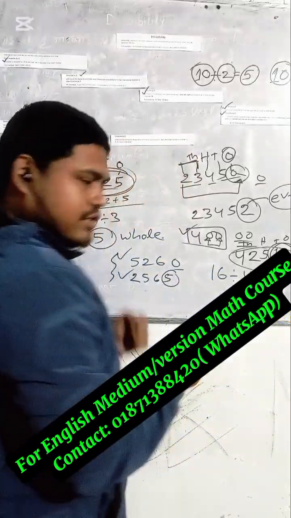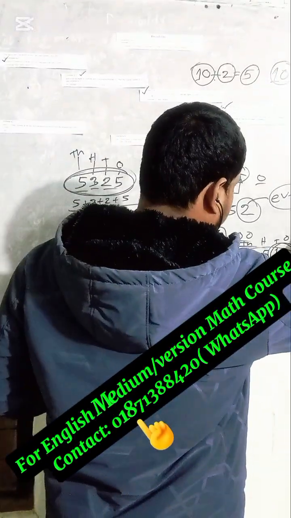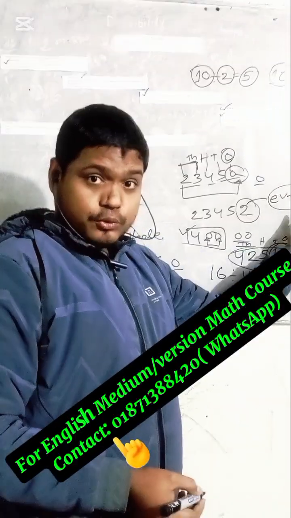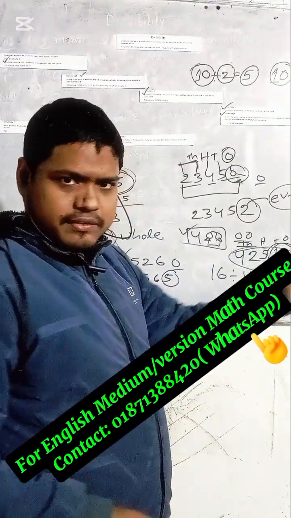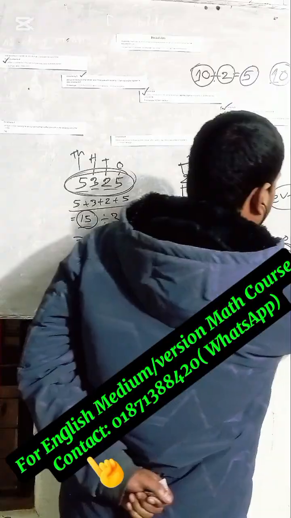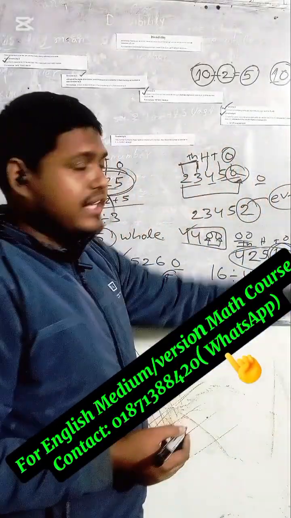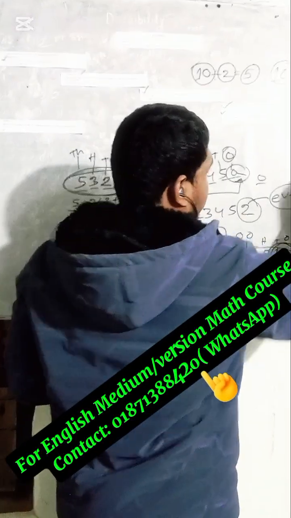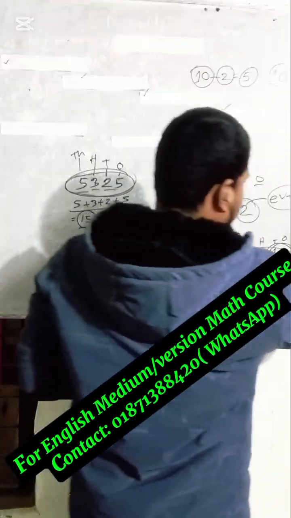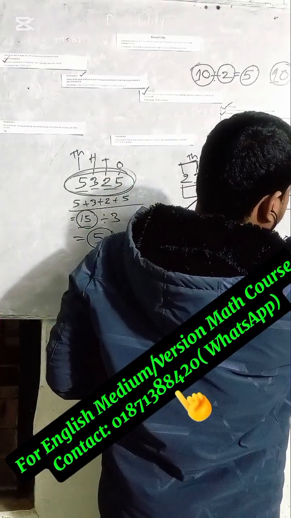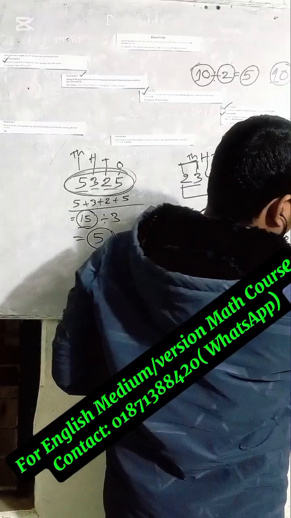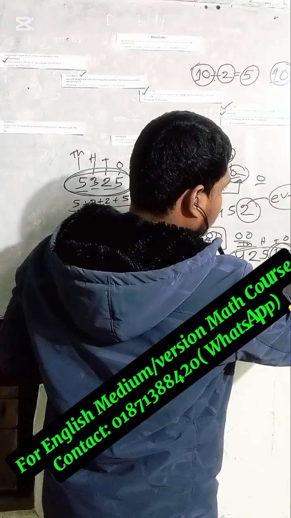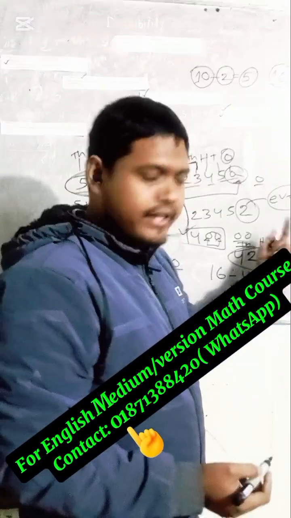For example, 126. First of all, we have to find out, is it divisible by 2? The last digit is 6, and if the last digit is 0 or an even number, the number is divisible by 2. So definitely it's divisible by 2. Now we have to find out, is it divisible by 3?